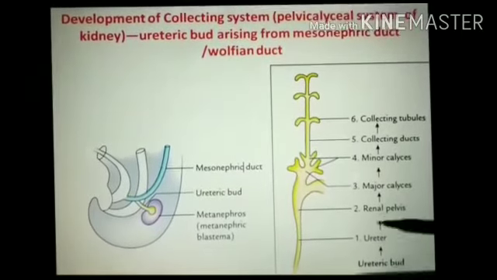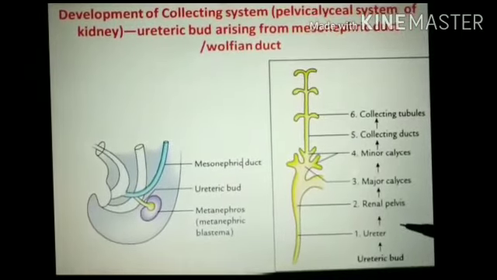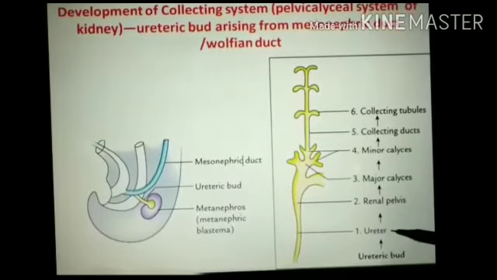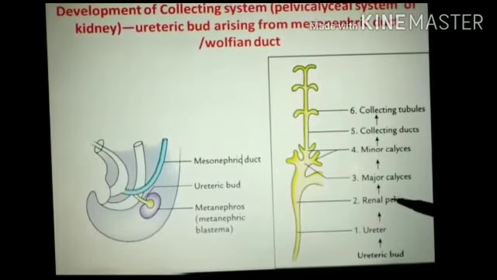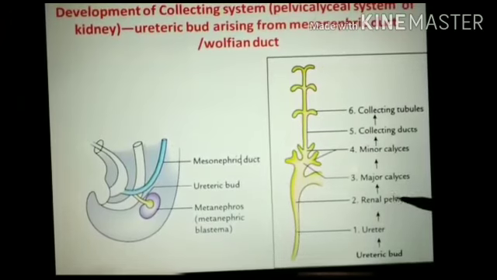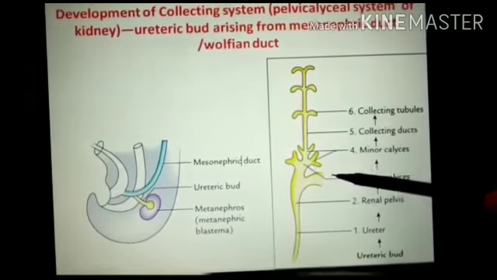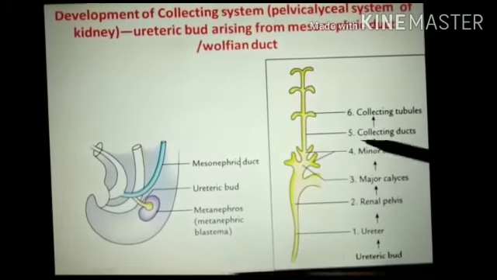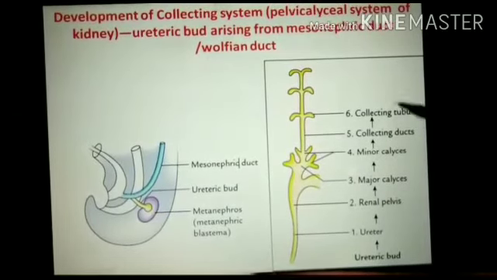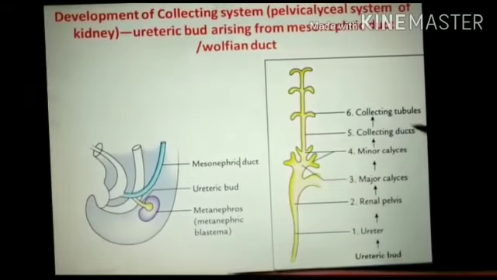This ureteric bud, growing into the metanephric blastema, gives rise to the ureter, and its upper part will be dilated and will form the renal pelvis, which again divides and forms the major calyces, which further divide to form the minor calyces, and again divide to form the collecting duct.